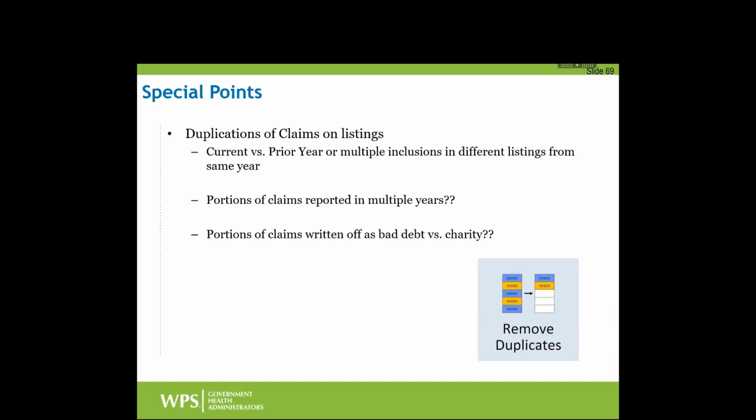It looks at the absolute maximum total charge that ever existed for that claim, and then it takes the max of each of those pieces, except for the bad debt and charity care. It sums all those up, and it makes sure that it has not exceeded that total charge. I didn't want to get too far into the weeds with how it works technically, but it finds those true duplicates. That's the point.